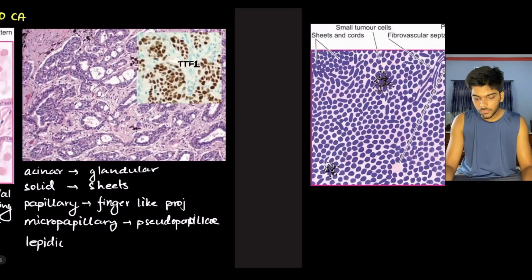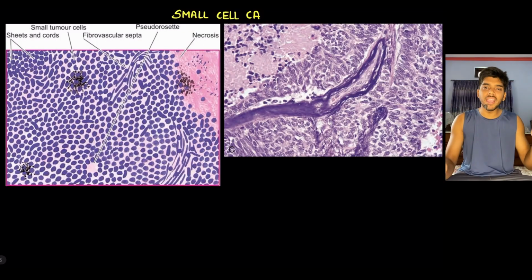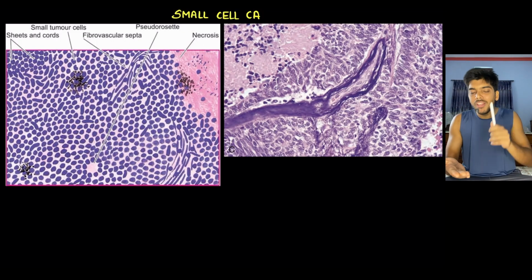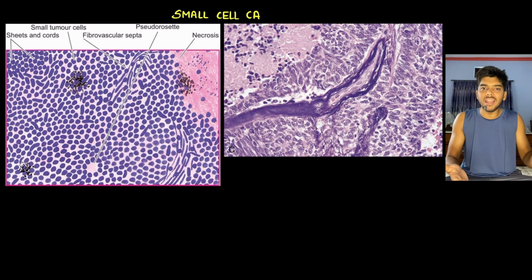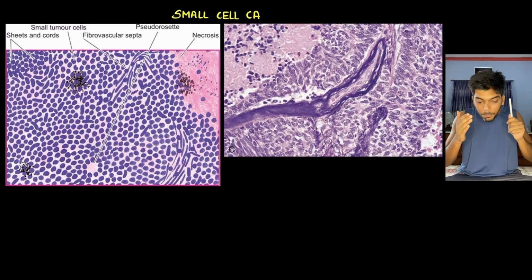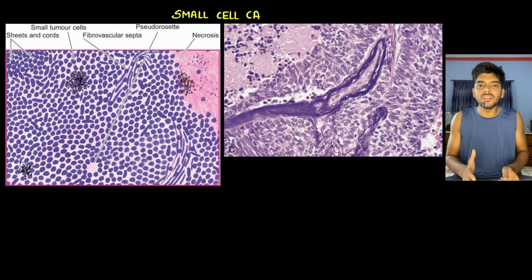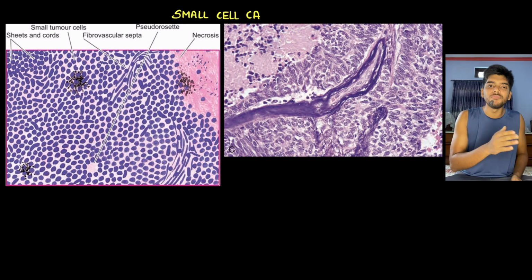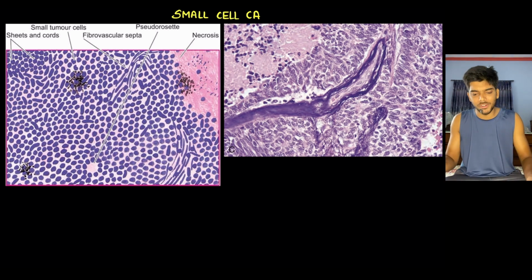Okay. Then small cell carcinoma. Again, the advantage of knowing neuroendocrine tumor beforehand. I've already taught you neuroendocrine tumor under carcinoid of GIT pathology. So the microscopy or the histopathologic features are going to be the same for almost all neuroendocrine tumors.